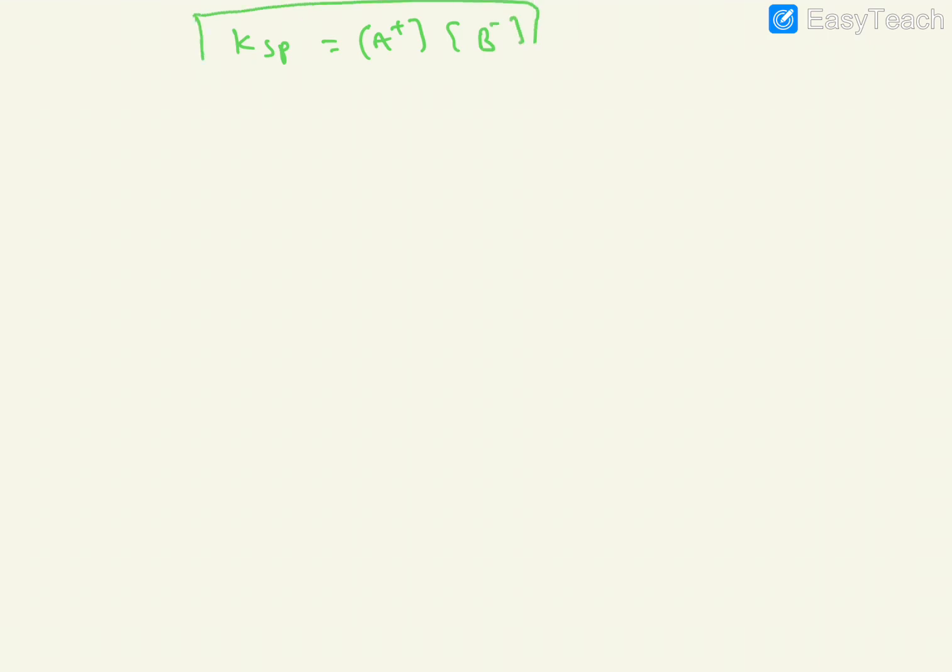This is called the solubility product. I hope it is clear. This KSP, the solubility product, depends on temperature.